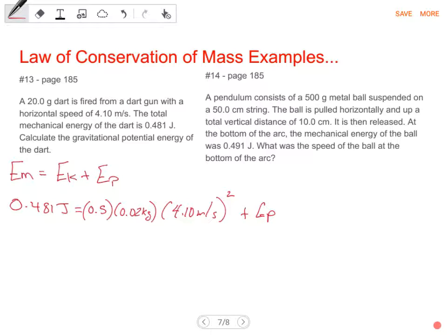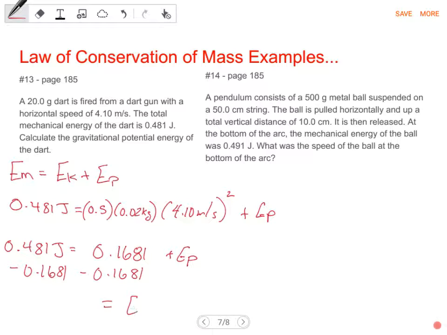The next step would be to calculate your kinetic energy. That's simply going to be 4.1 squared times 0.02 times 0.5. That gives us a value of 0.1681 plus EP. What we're going to do now is subtract the 0.1681 from both sides.